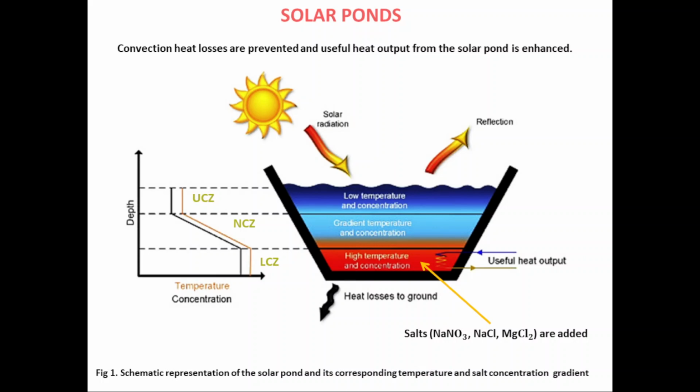The question is, how does salt actually prevent this phenomenon from occurring? The thing is, when you add salt to the water, salts are basically the combination of your anion and cation. Once you dissolve them in water, they get separated and they form a homogeneous solution. These ions, as such, have a mass.